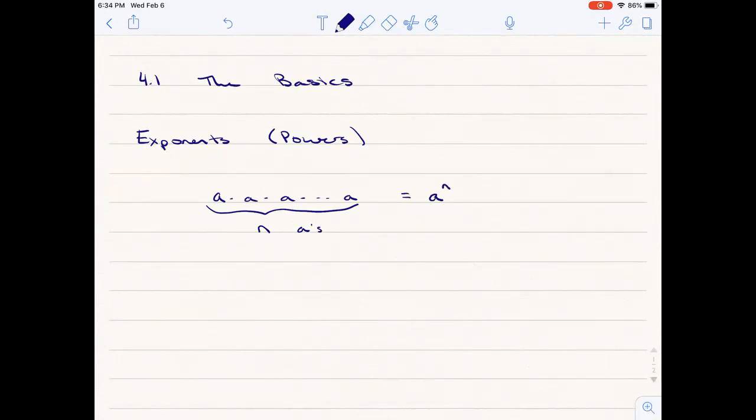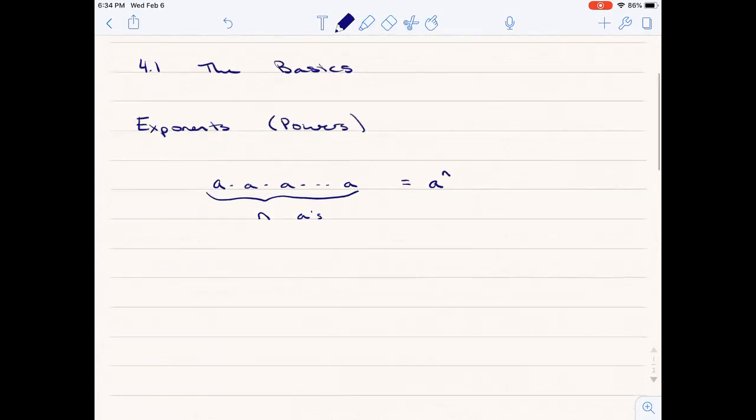Right? A squared would be a times a, a to the power of 3 is a times a times a. And so in general, we just write a to the power of n. So that's in general what an exponent looks like.